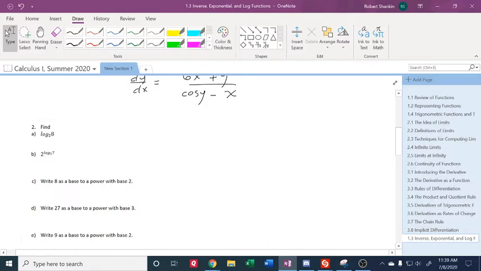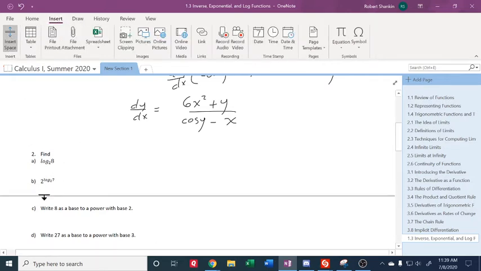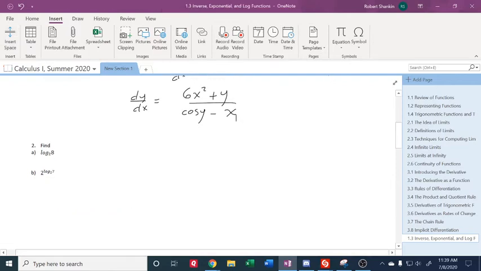Let's go to number 2. Start with 2a and 2b. Might have been a long time since we worked with these, so see what's coming back to you.